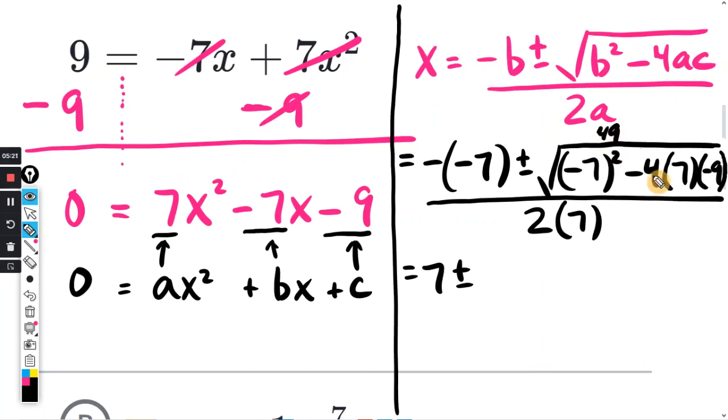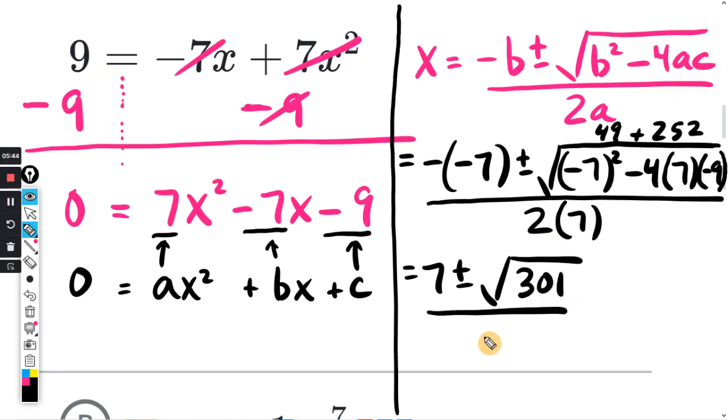And negative 4 times 7 times negative 9, I get positive 252 for this right here. 49 plus 252 is 301, and that 301 is still under the square root. That whole thing is divided by 14, 2 times 7.